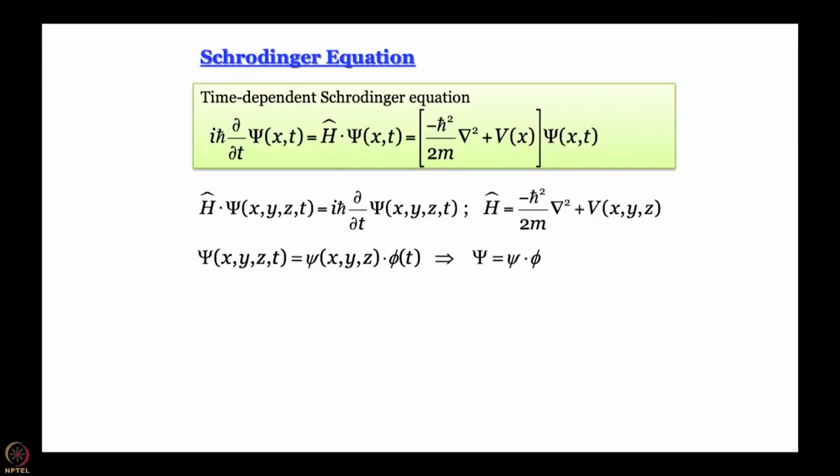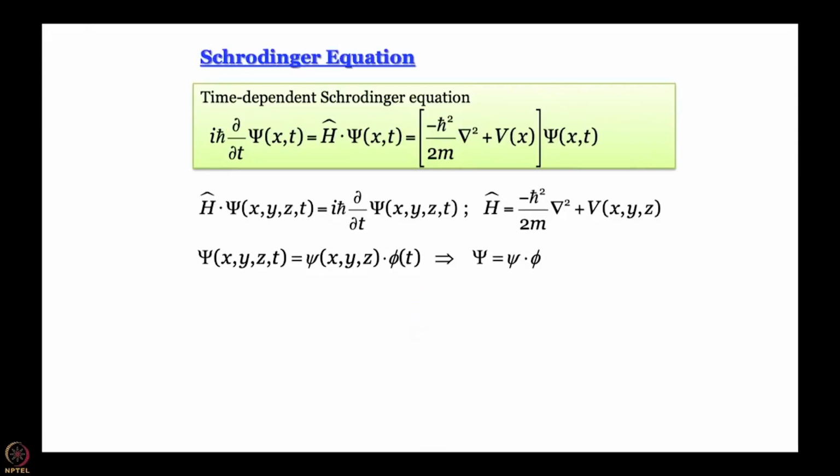Now, in the next step, to simplify the situation a little bit, we can write this space as well as time dependent wave function psi, which is a function of x, y, z spatial coordinates and t the time coordinate, as a product of 2 functions: small psi, which is a function of spatial coordinates x, y and z, and the other function is phi, which is a function of t.